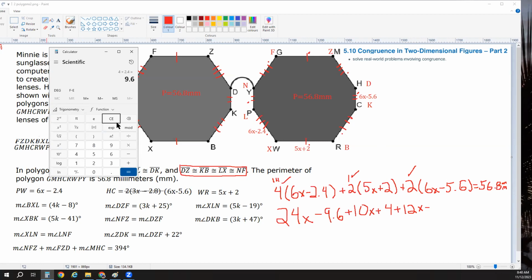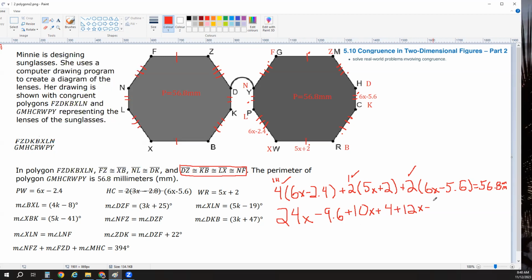Let's double check that. So 2 times 5.6 is 11.2. 11.2 equals 56.8 millimeters.